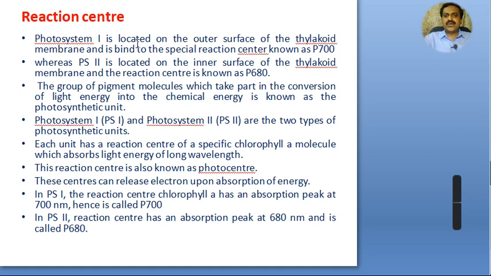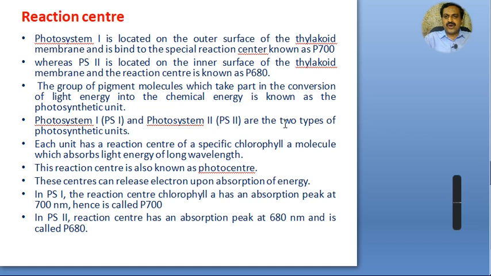Photosystem 1 is located on the outer surface of the thylakoid membrane and is bound to the special reaction center known as P700, whereas PS2 is located on the inner surface of the thylakoid membrane and the reaction center is known as P680. The group of pigment molecules which take part in conversion of light energy into chemical energy is known as a photosynthetic unit.